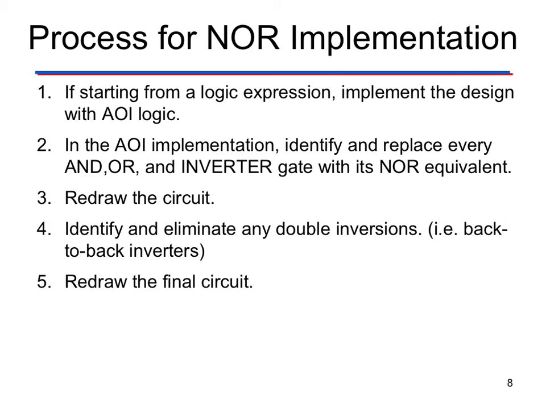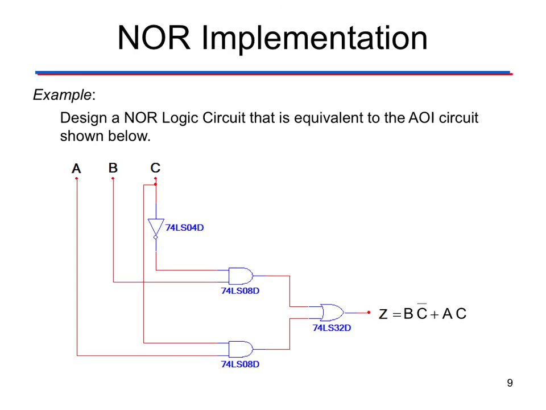We're going to first create the AOI, take the AOI and identify each of the replacements, the NOR equivalents, redraw the circuit with the NORs. Then for this one, again, we haven't quite talked about, but we did talk about with NAND, eliminate any double inversions and then redraw the circuit. Don't be lazy and just exit out, redraw it.